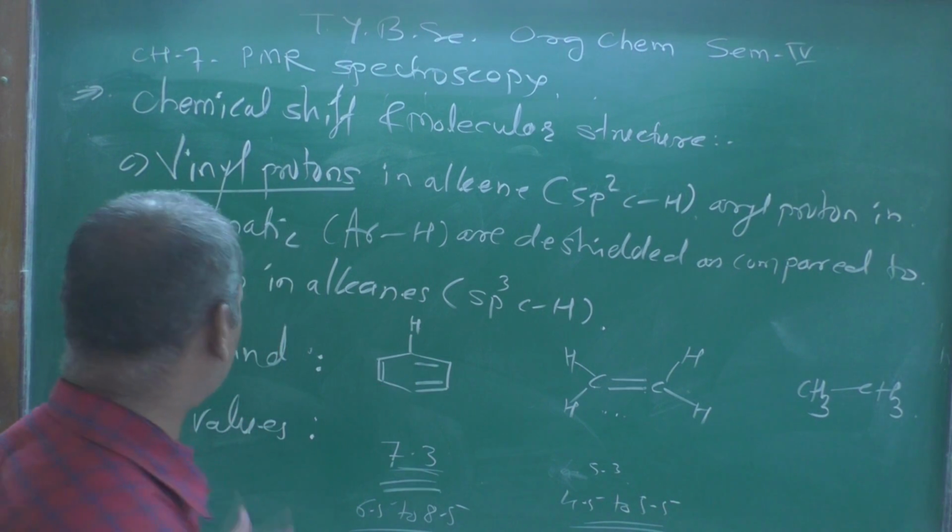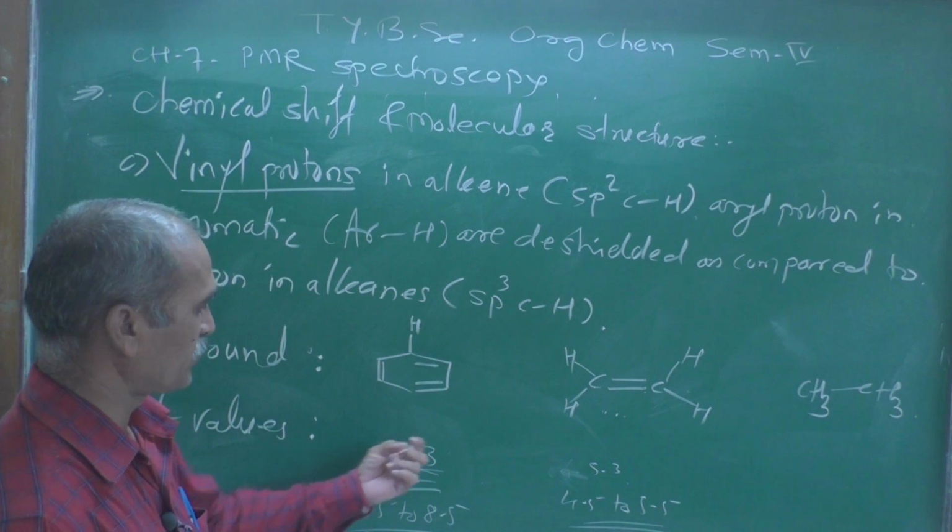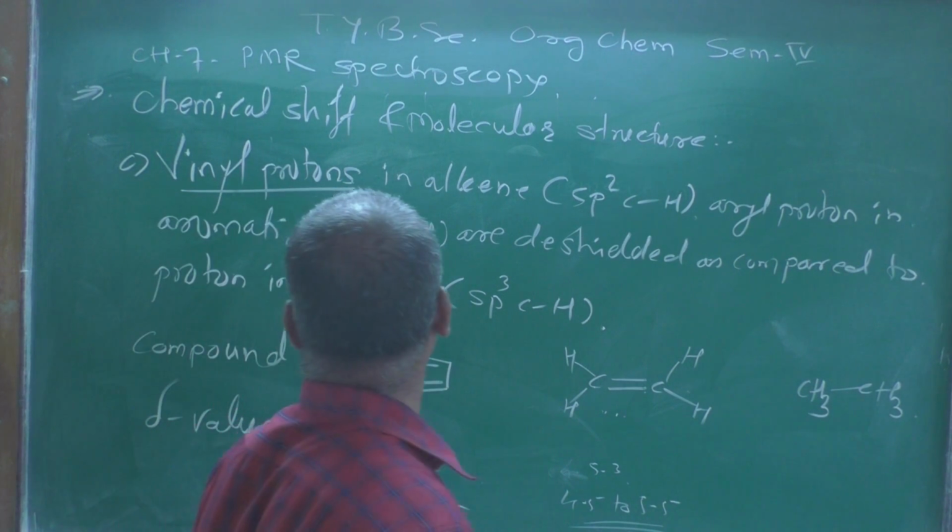Just remember the delta value for an aromatic compound is 7.3, whereas for a vinyl proton it is 4.5 to 5.5.